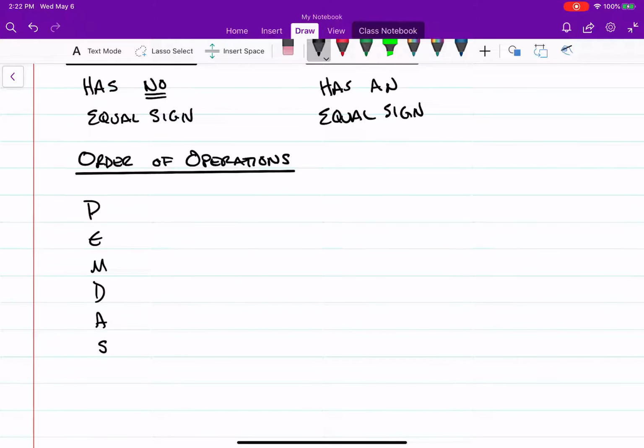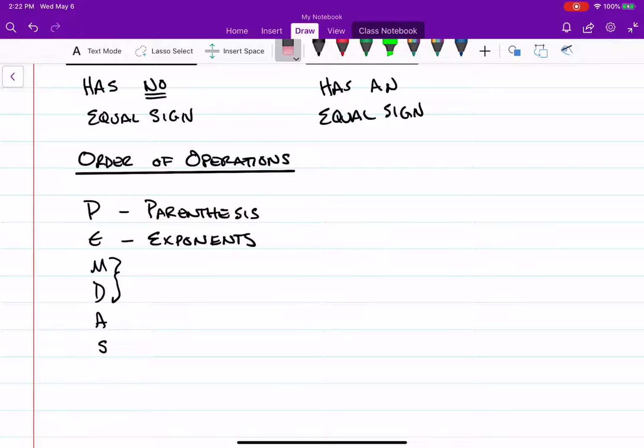Okay? Now, you guys don't have a problem with the P, that's parentheses. You don't have a problem with the E because that's exponents. The problem that you guys typically have is this part here.